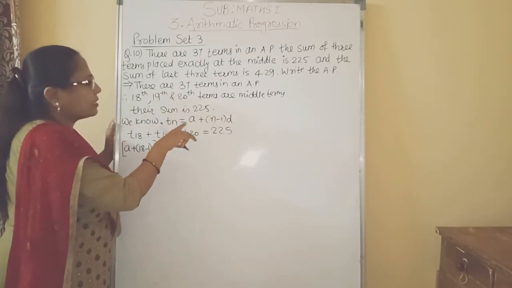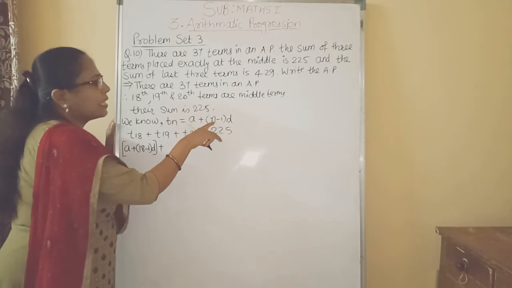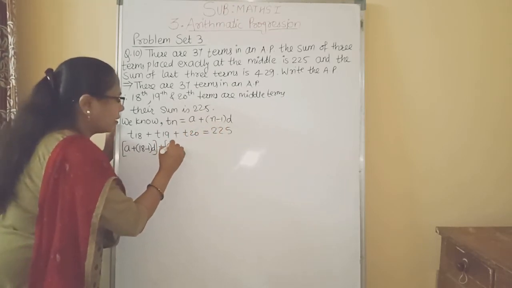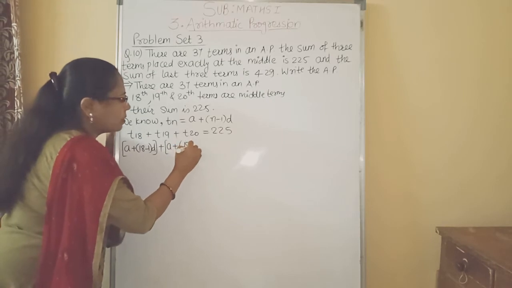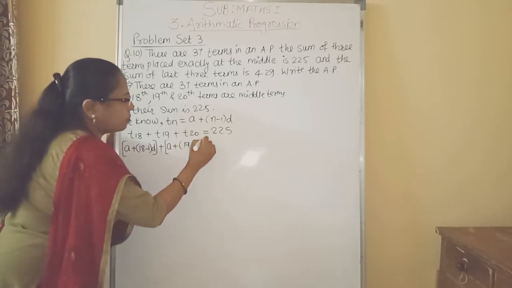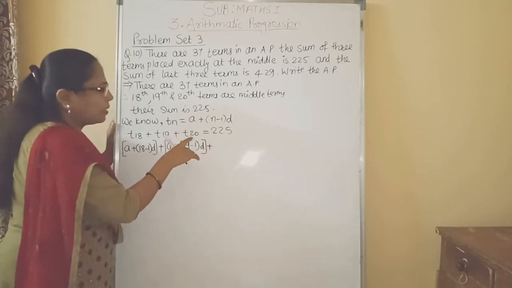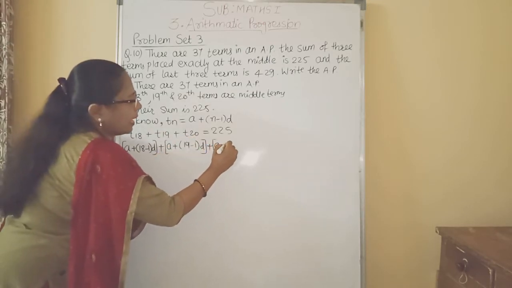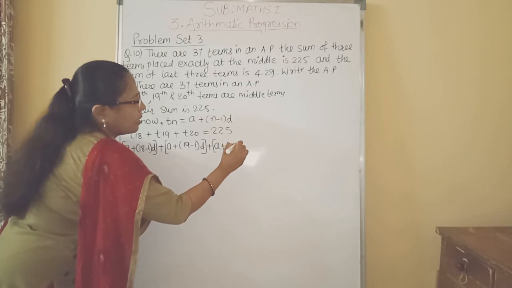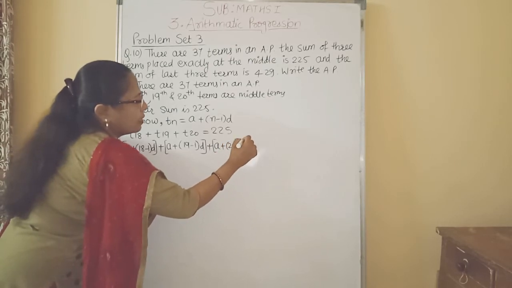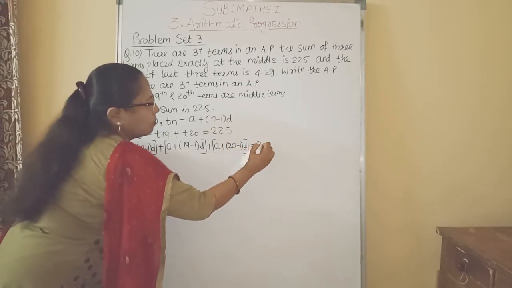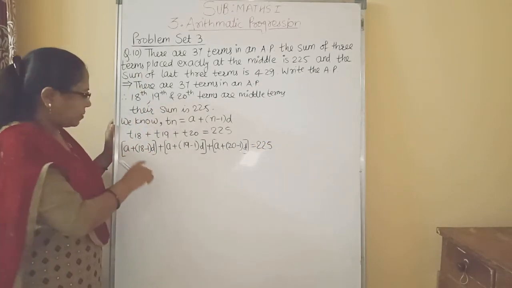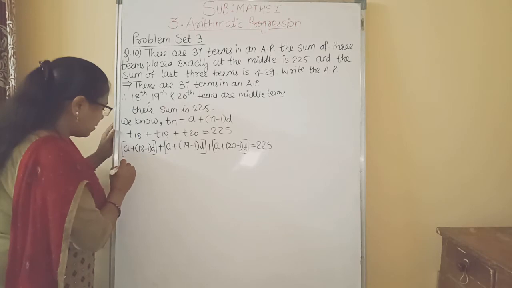T19 is equal to A plus (19 minus 1) into D. Now plus T20. T20 is equal to A plus (20 minus 1) into D, is equal to 225. Follow?